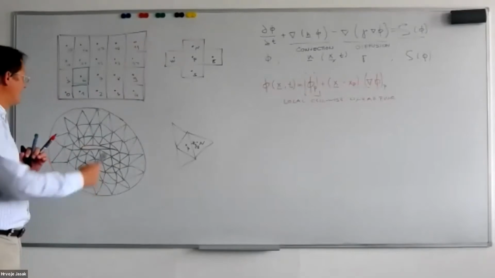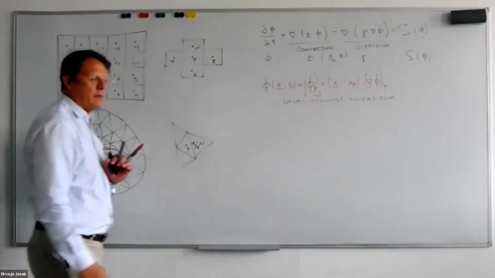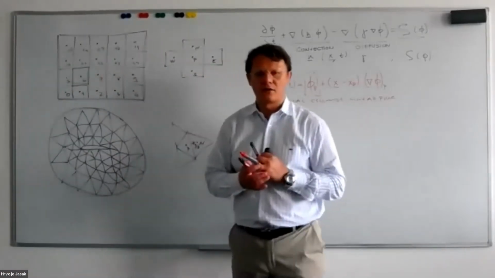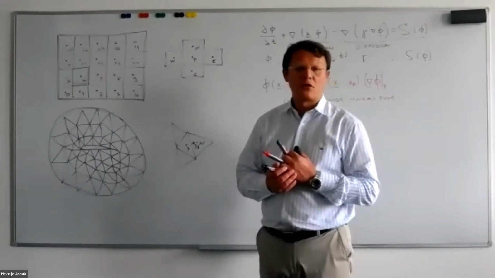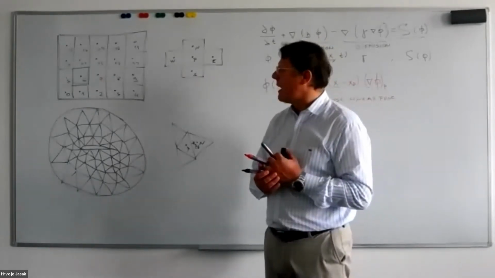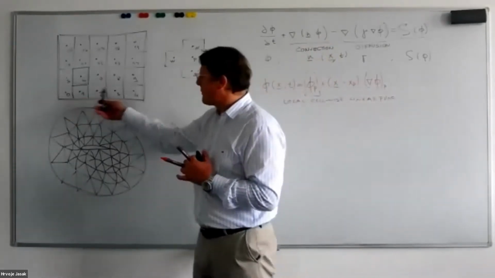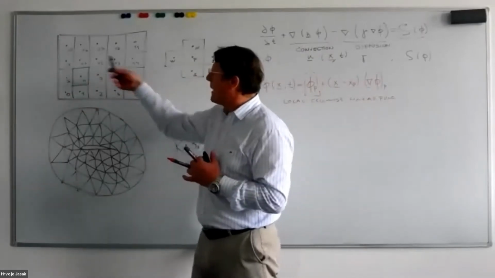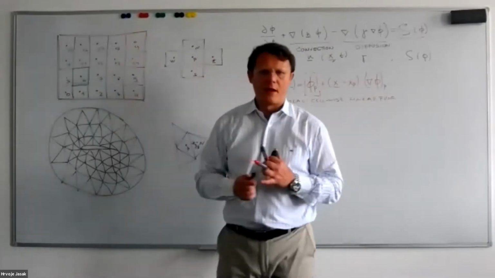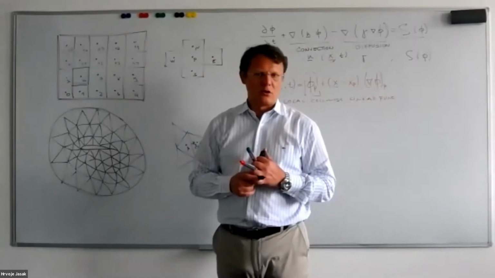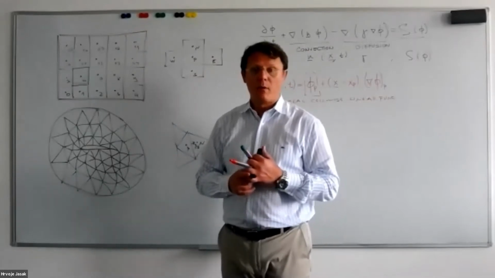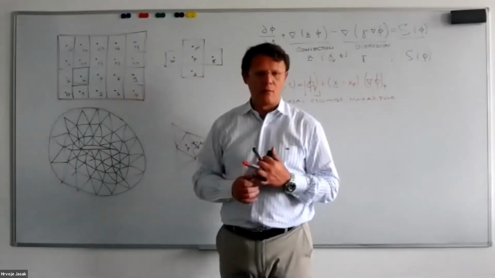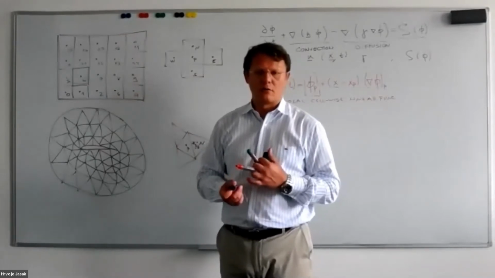Notice two things. As a good C programmer, I have started counting the cells from 0. In Fortran, you would probably start with 1. And I have numbered them in a special way, row by row, column by column. This is traditional. It also helps me, but it does not translate to my triangular computational mesh.